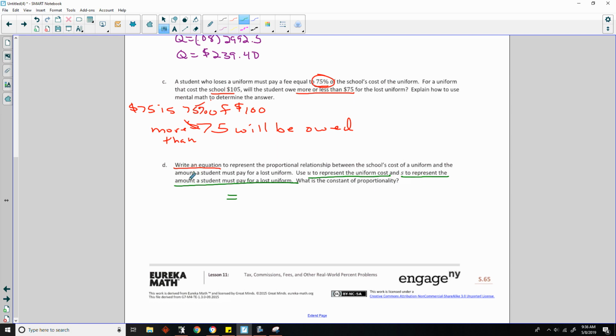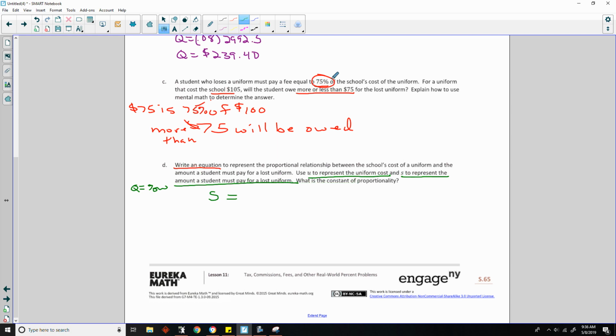So S represents the amount the student must pay. So the amount the student must pay is going to be our quantity, and that is going to equal some percent times the whole. We're using the same equation as before. But in this case, we're not going to say quantity equals some percent times a whole. They told us to use S and U. So use U to represent uniform cost, and S to represent the amount the student must pay.